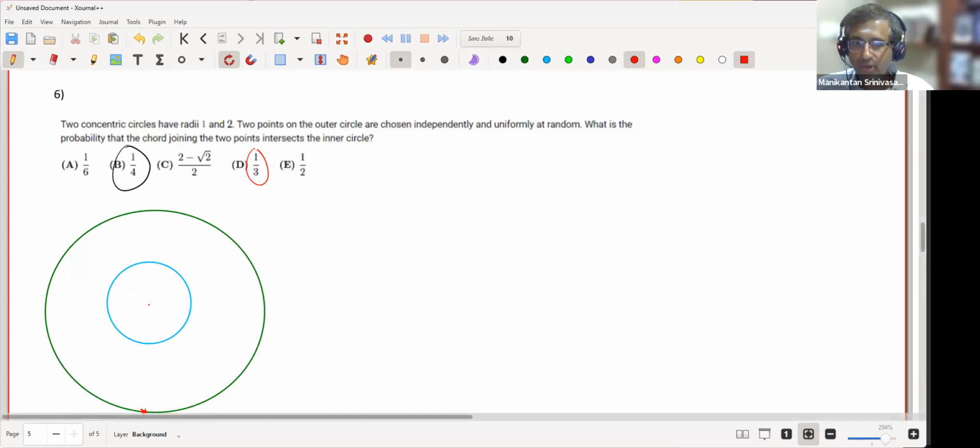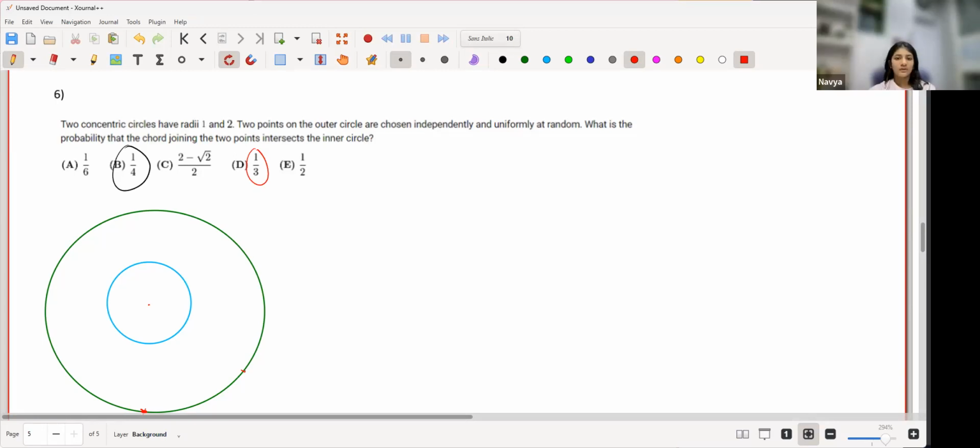Because let's say it's not the bottommost. Let's say it's here. I can always twist around my circle and say now it's at the bottom. So I'm not losing any. I'm still keeping it general. That's what I mean. Does it make sense? Yeah, got it. Right. Okay. So my first point is at the bottommost here now. Okay, but Navya, you also got 1/4 or 1/3, or did you have an answer on this? No, I didn't get this one.